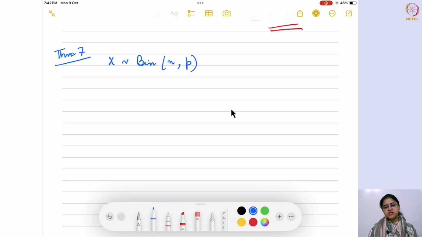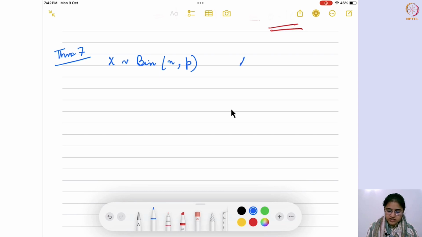Binomial is basically the generalization of Bernoulli, because Bernoulli counts the number of successes in a single Bernoulli trial, whereas in binomial you have the number of successes in n independent Bernoulli trials. So we are just generalizing it.